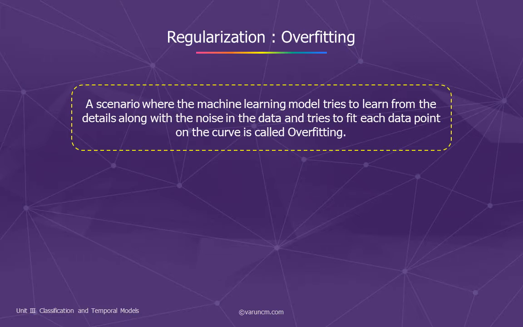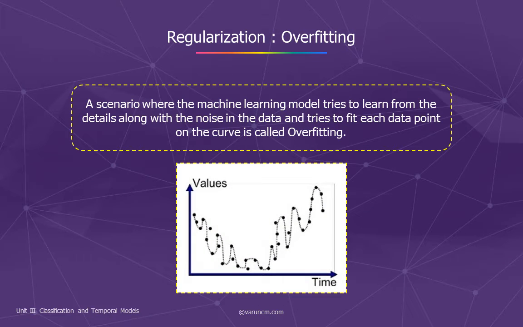And what it does is it tries to fit each data point on the curve. This scenario, we call overfitting. So the example curve is like this. Here almost all the data are being connected through the curve. This scenario, we call overfitting.